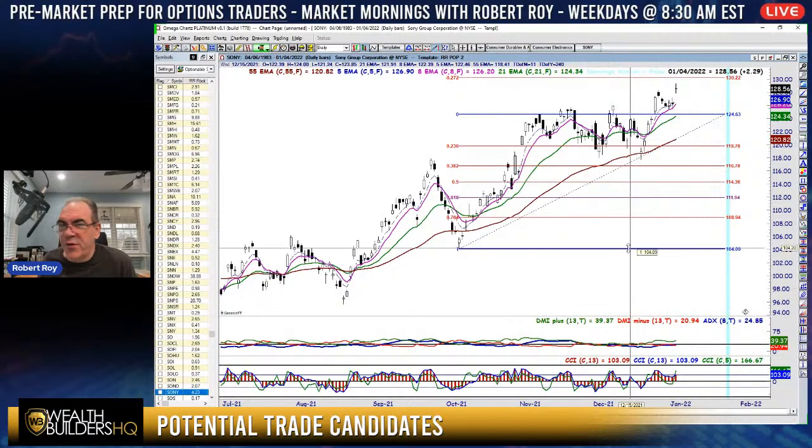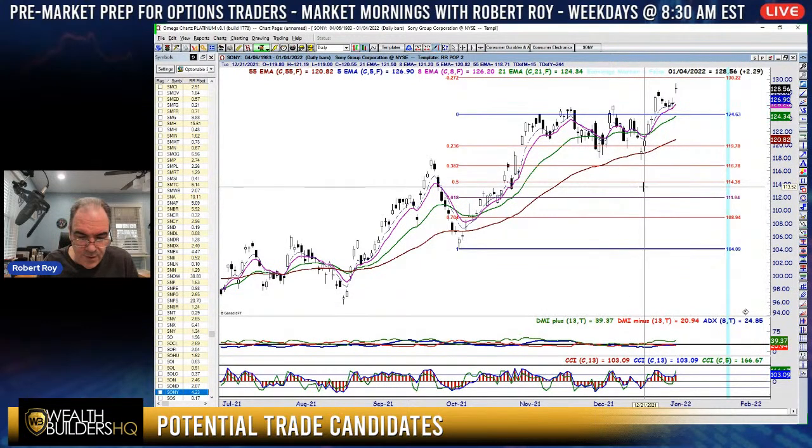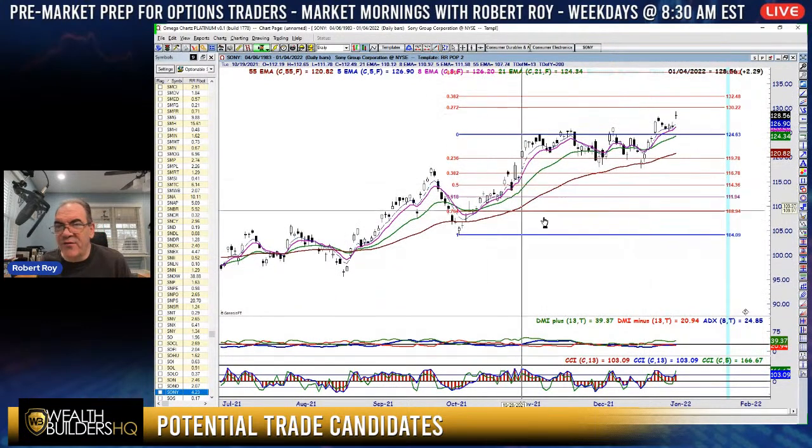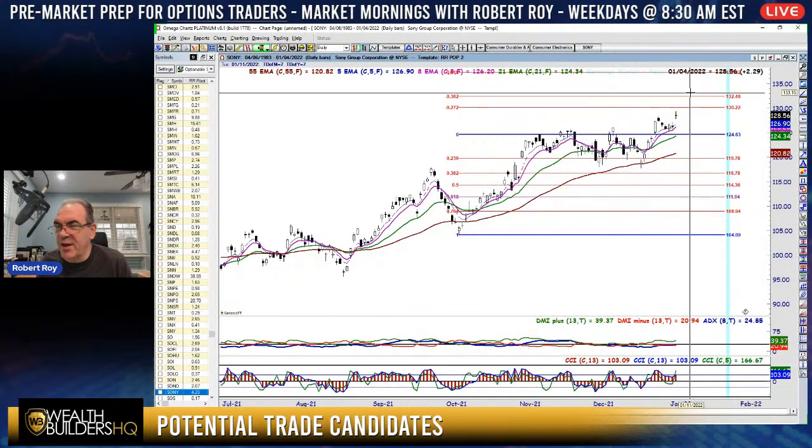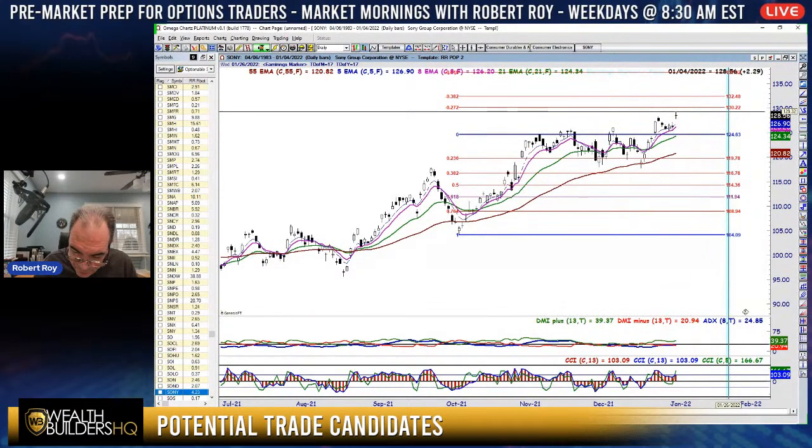Sony right now is up to 134. The nice thing is they got above this fib level and this fib level. So now I'm looking at a bull put spread below 132, better, below 130.